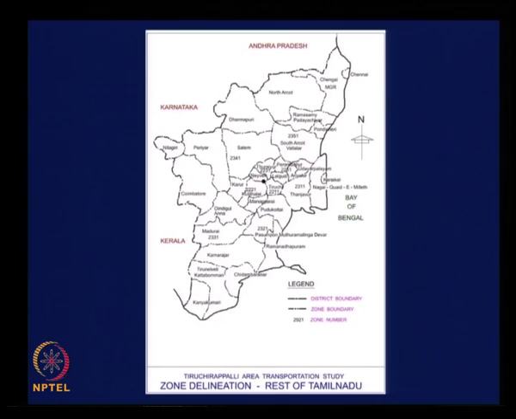And zoning will not end within your external cordon line, as we discussed earlier, it should extend beyond your study area to cover the external to internal trips and internal to external trips.